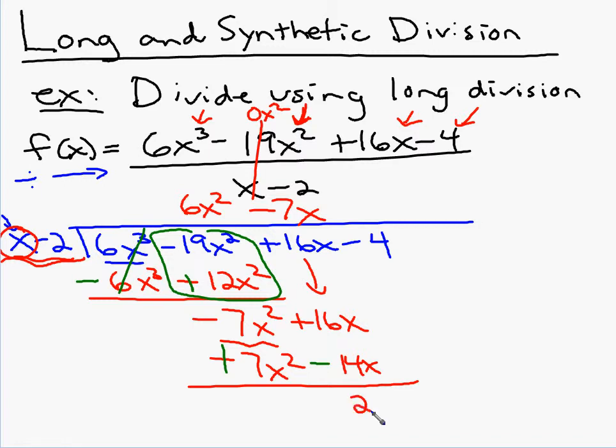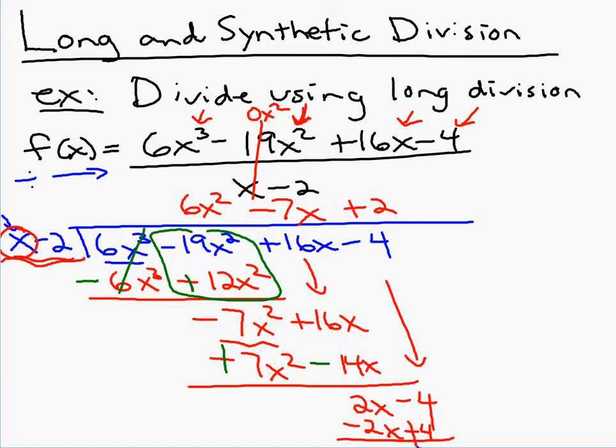So I have 2x. I bring down my minus 4. And I ask, what do I multiply x by to get 2x? Regular old plus 2. Distribute it through. I get 2x minus 4. I change my signs. And what do you know about that?